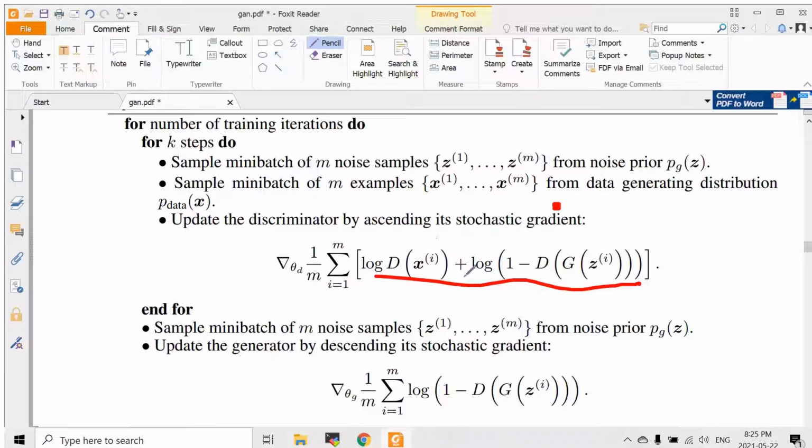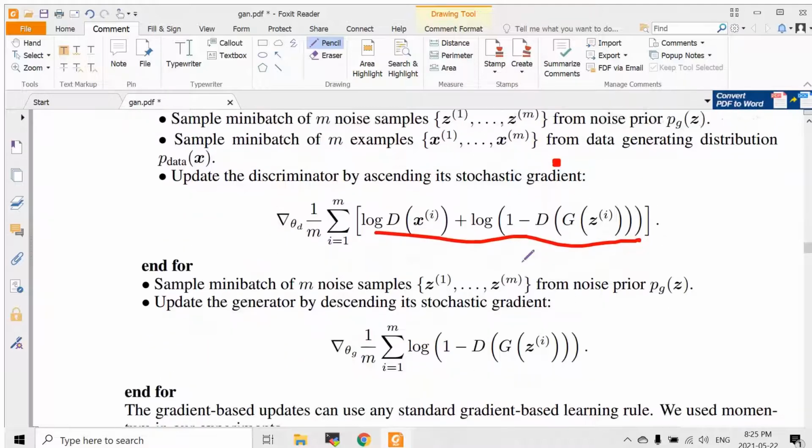You're maximizing the discriminator's ability to tell if the data is from the real distribution or the fake distribution. And you're trying to minimize this by doing 1 minus D of G of Z. G of Z is the generated image.